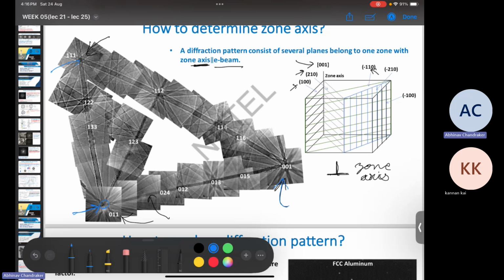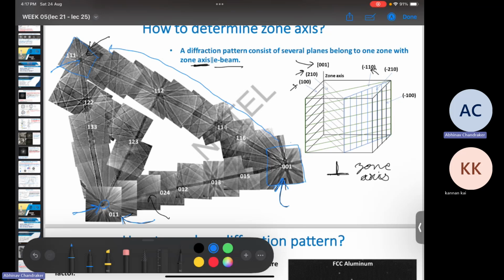So as you tilt the crystal, you'll be able to move from one zone axis to another. So here we have 0 1 1 zone axis. As we are tilting the crystal, such that later on the 0 0 1 zone axis is parallel to the electron beam, we see this kind of image. And then as we tilt it in a different direction, we'll be able to move to a 1 1 1 zone axis.